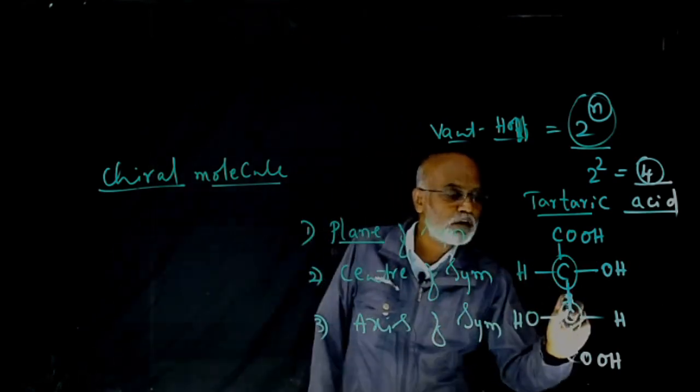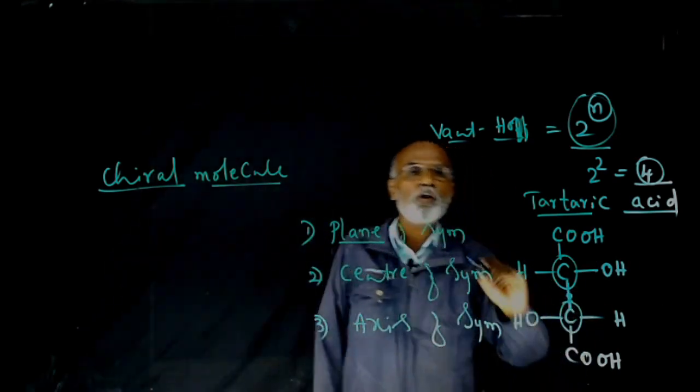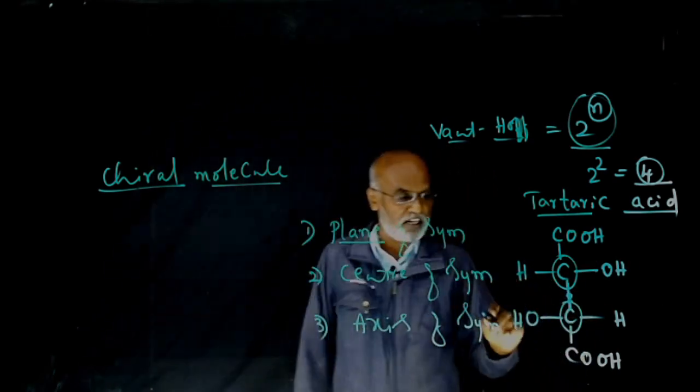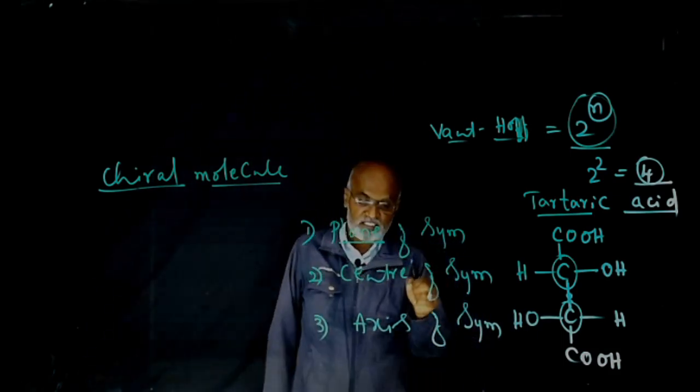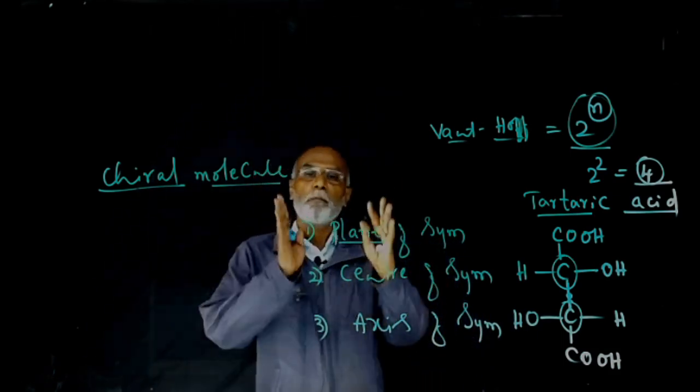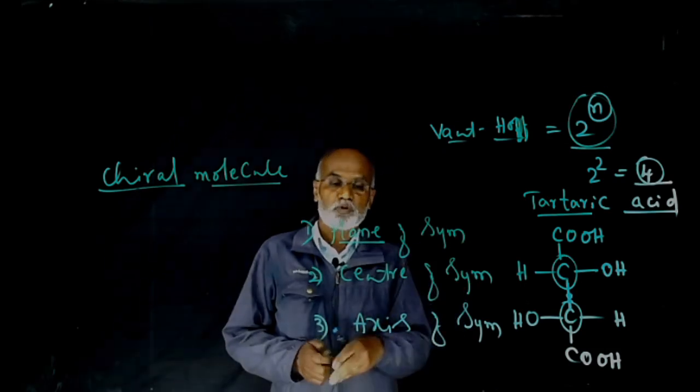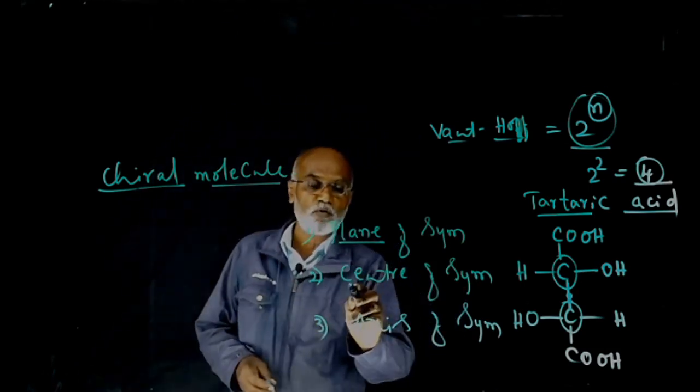So, starting from one particular point, when we move an equal distance in the opposite direction and meet identical atoms or groups, then we say that the molecule has a center of symmetry.